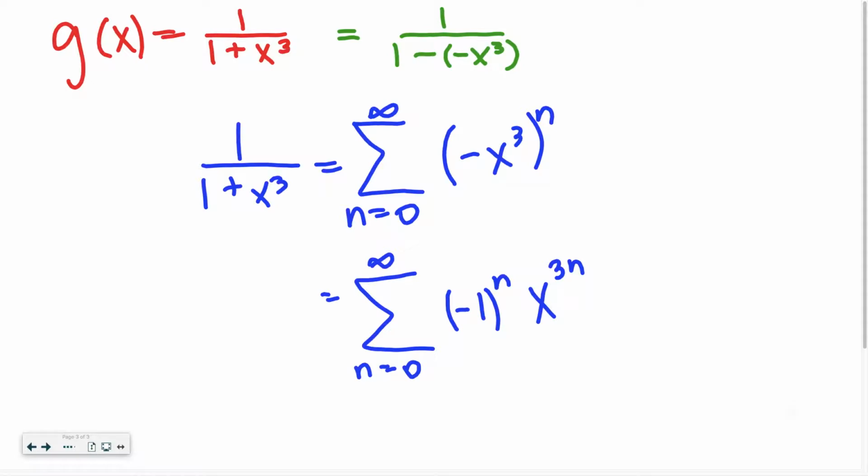And our interval of convergence would be, right? 1. I mean, it's centered at 0. We have nothing funky with our, like we don't have any extra numbers in there with our r value in the geometric series.